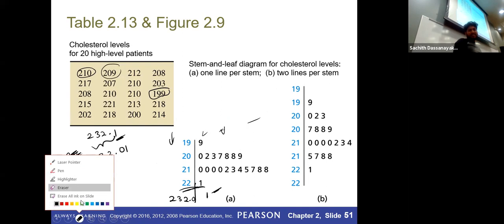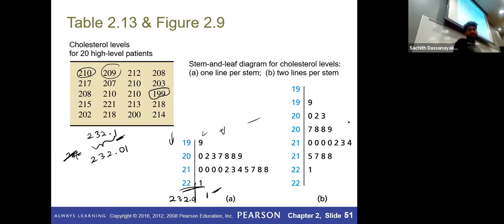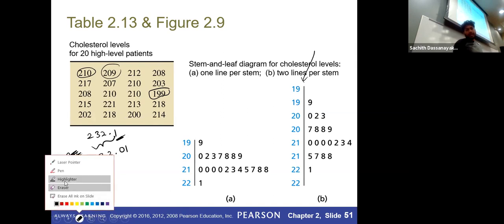Check this one because I told you I'll explain how to find the distribution using a stem plot. Let's consider A.